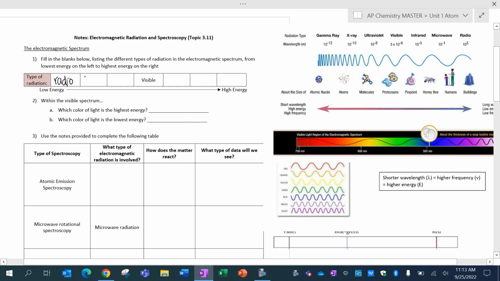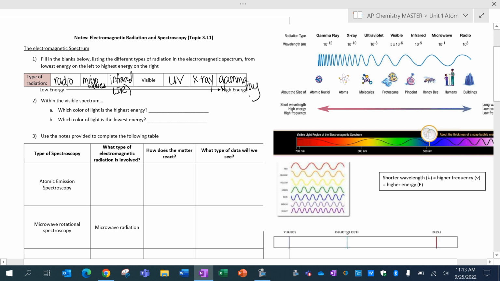Then we've got microwaves, just like the microwave ovens in our kitchen. Then we've got infrared. Sometimes people use IR as a shorthand for infrared. Visible is kind of right there in the middle. And then we've got ultraviolet, so we use UV there. And then X-rays, like we maybe use at the dentist or the doctors. And then gamma rays over there, our highest energy form of radiation.